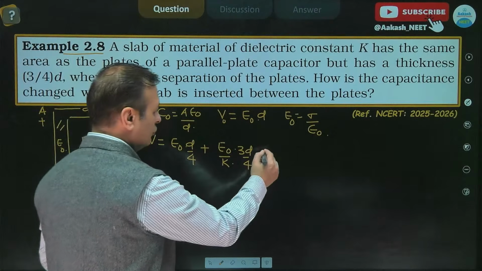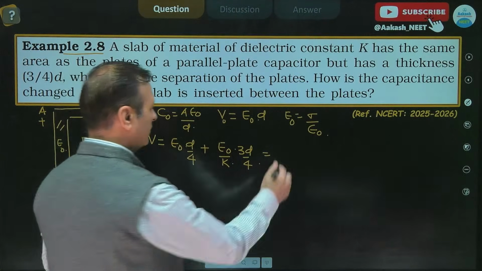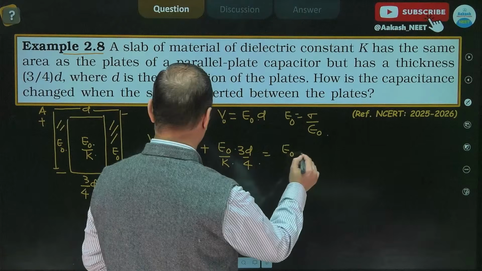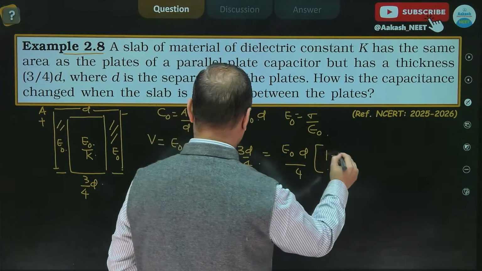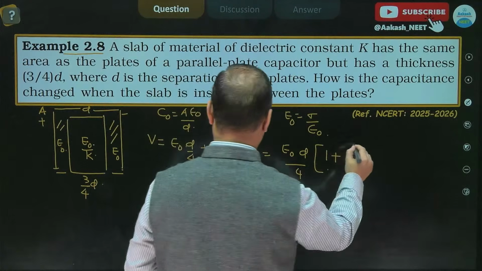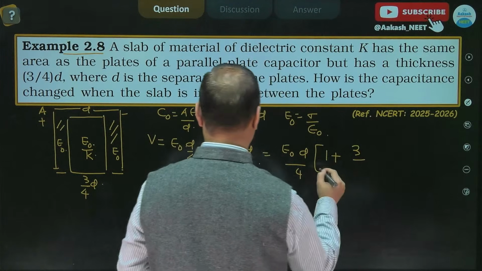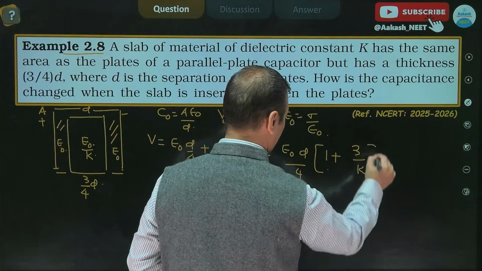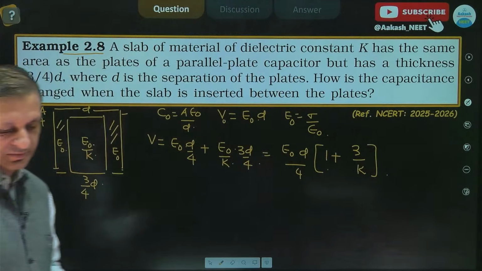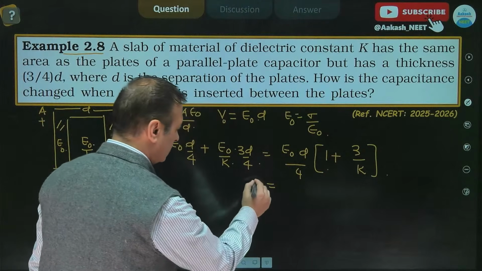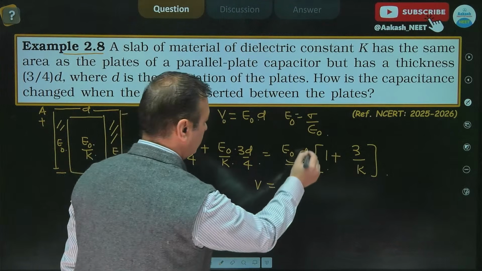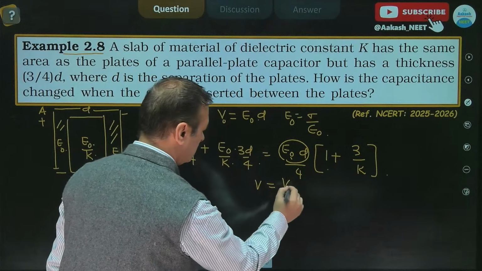So when you solve it, can you see this? So the potential is, what is this? This is the original one.